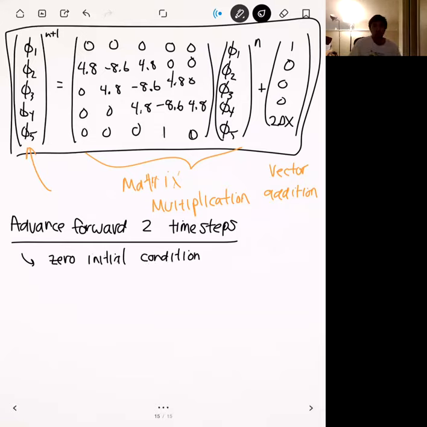And 0 initial condition means that all the phi i's at n are going to be 0. And so let's advance this forward for the first step.